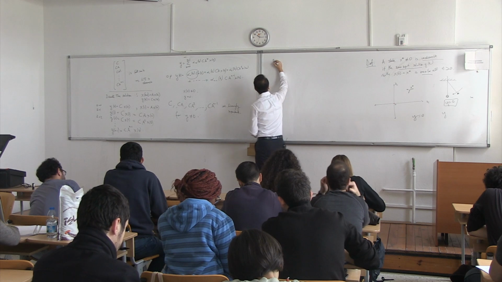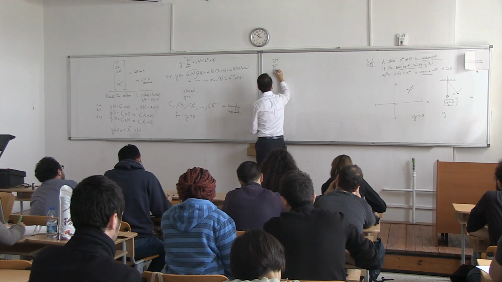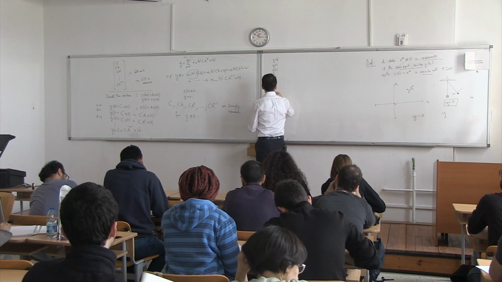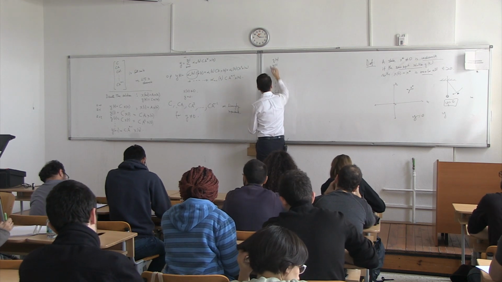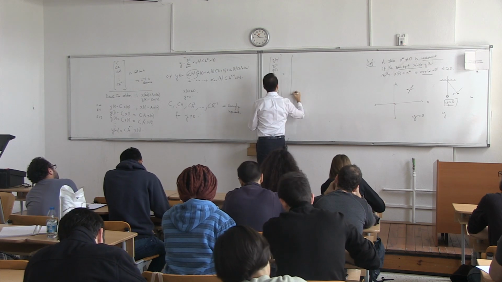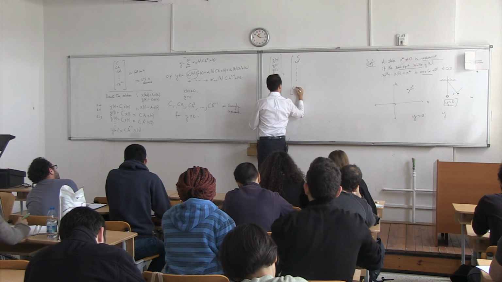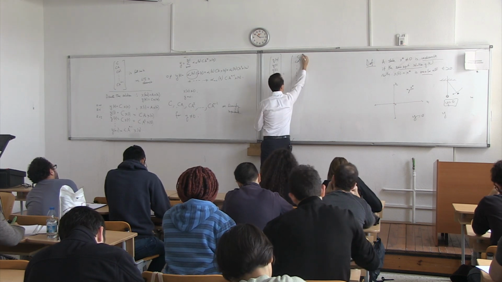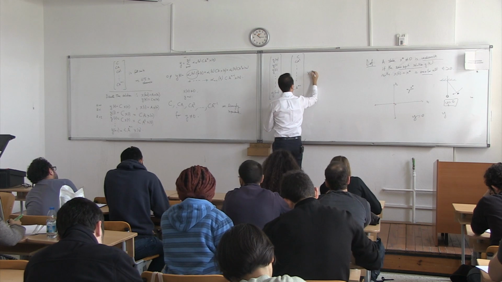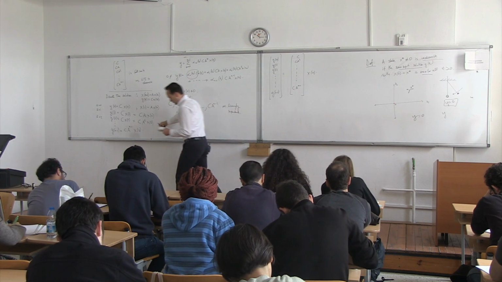It looks like this: y0, y1, y2, up to yn minus 1 is equal to C, CA, CA square, up to CA n minus 1 times x0. That's the discrete time solution.